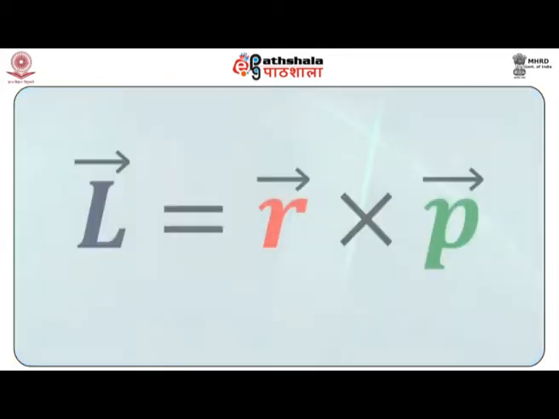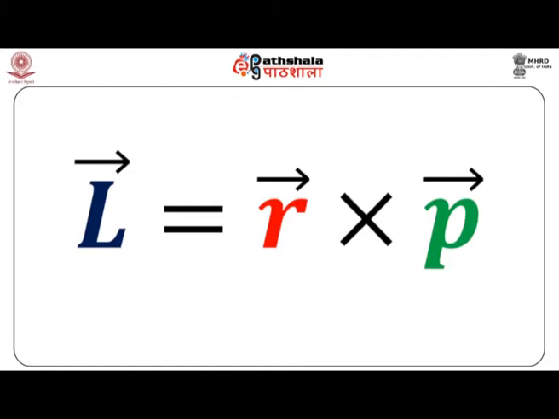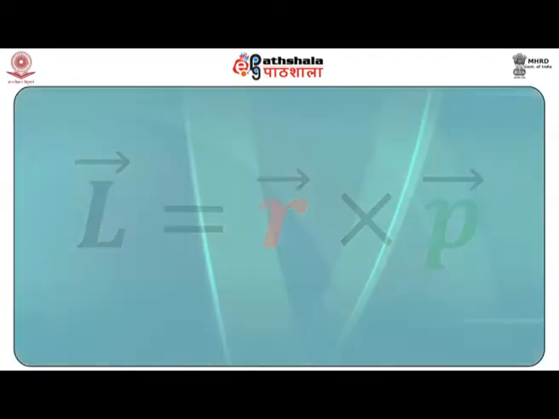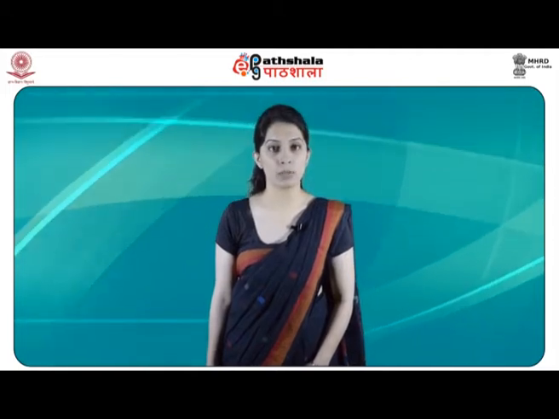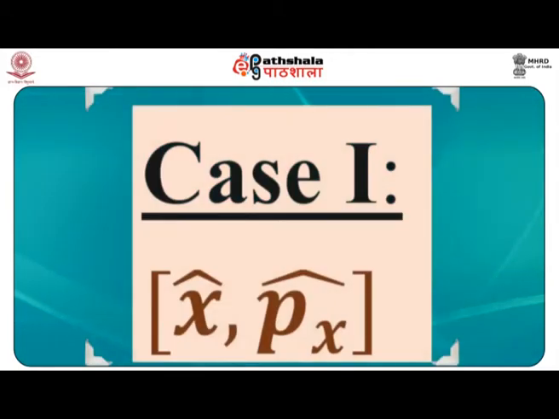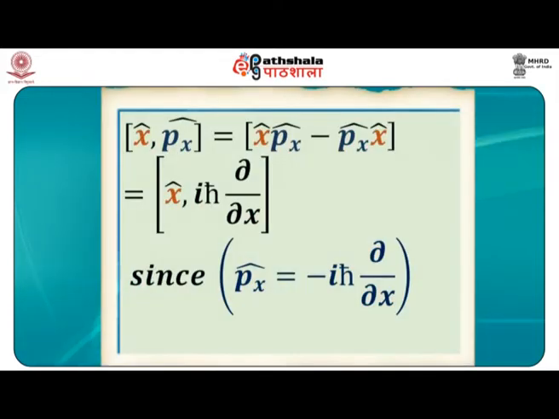Now, since angular momentum is defined as a product of position operator and linear momentum operator, we will first check the commutation of position and linear momentum components. Case 1. The commutation relation between position operator x and the linear momentum operator px, which is equivalent to x px minus px x. Substituting the value of px, we get [x, iota h cross del by del x].